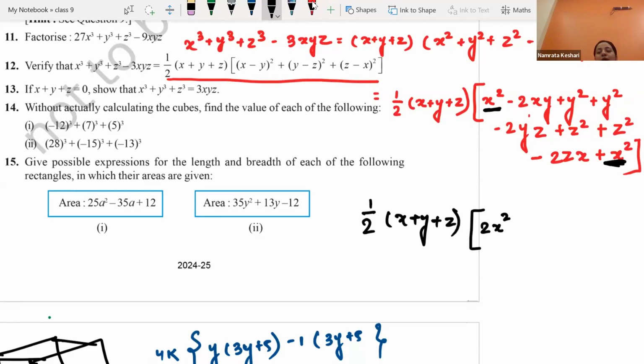But here you are going to have 2x square plus 2y square plus 2z square minus 2xy minus 2yz minus 2zx. Is it crystal clear so far to everyone?